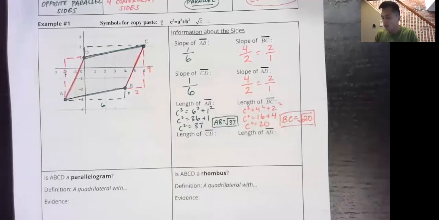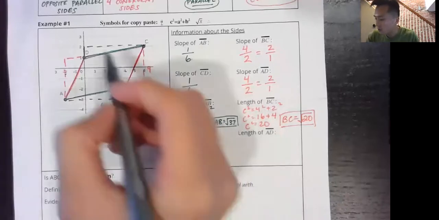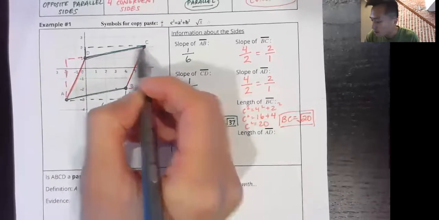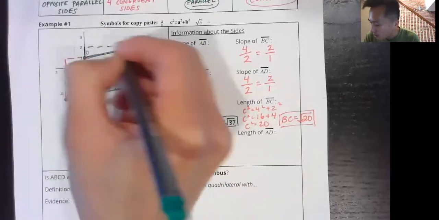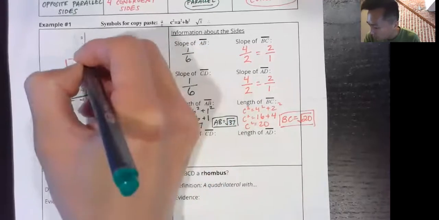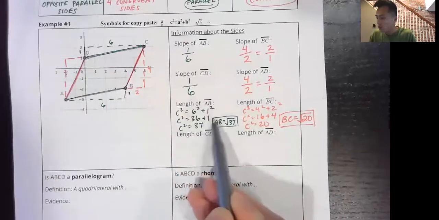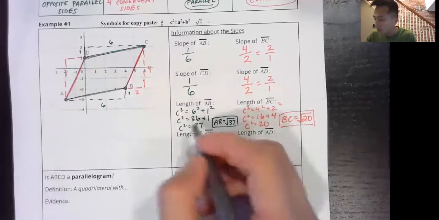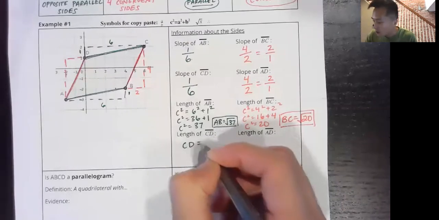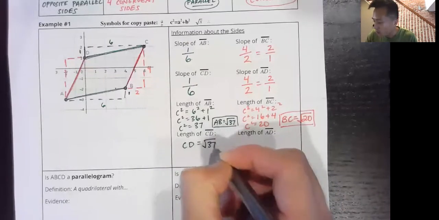Okay, 2 more lengths to find. Length of CD, that's this top side. I know my slope triangle has legs of 6 and 1. It's going to be the same as AB, so I don't need to show all of my work. I can just say that CD is equal to the square root of 37.